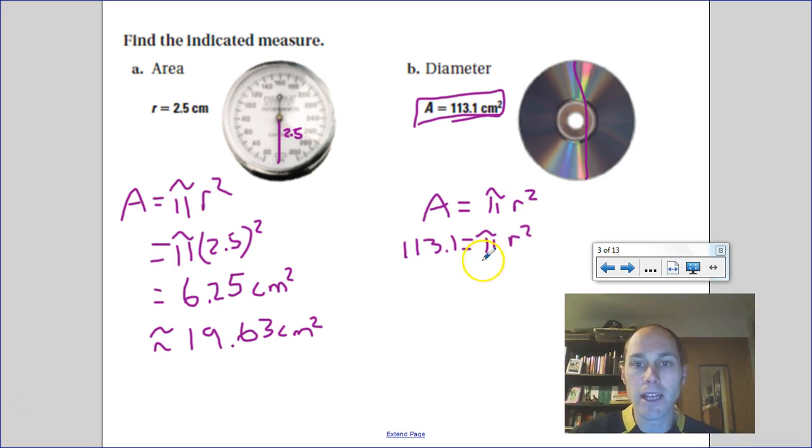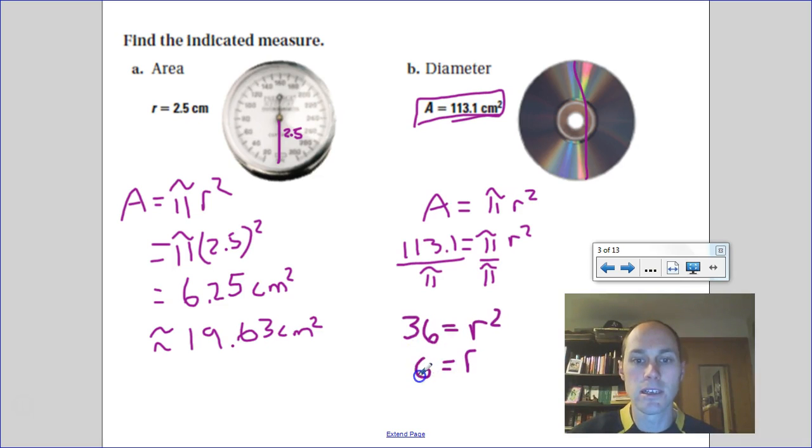In order to get r by itself, divide both sides by pi, and we'll have to approximate here. So 113.1 divided by pi gives us about 36. So r squared is about 36, which means take the square root. R is 6. But we want to find diameter. Diameter we know is twice the radius, so diameter would be about 12 centimeters.